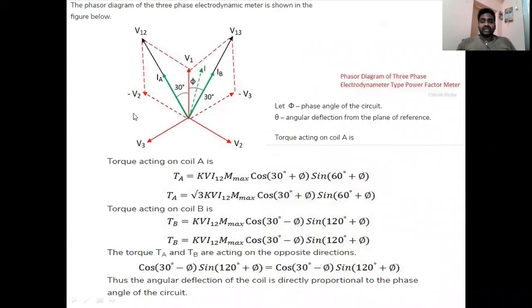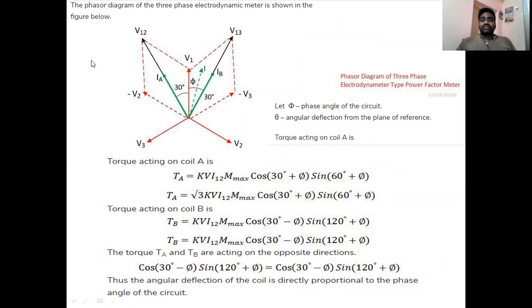If we see the phasor analysis of this three phase electrodynamometer type power factor meter, it clearly describes the behavior of voltage and current.